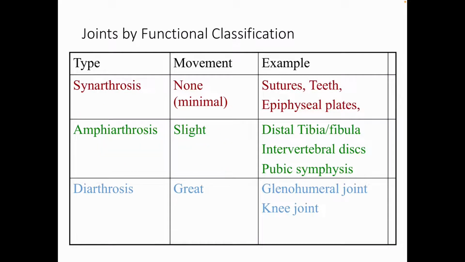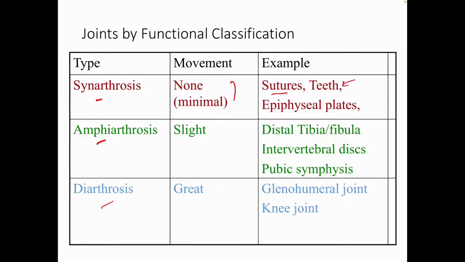Okay, so we talked a little bit about how they move, right? Synarthrosis, amphiarthrosis, and diarthrotic joints. So none to minimal for synarthrotic joints. Ones that you want to think about are the sutures. Think of the skull, right? The plates of the skull are fused with sutures. Then gomphosis, or the little ligament that holds a tooth in the socket.